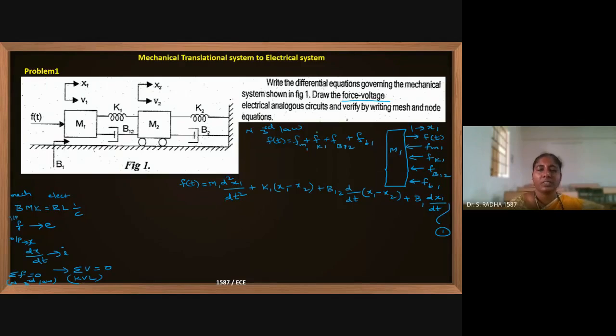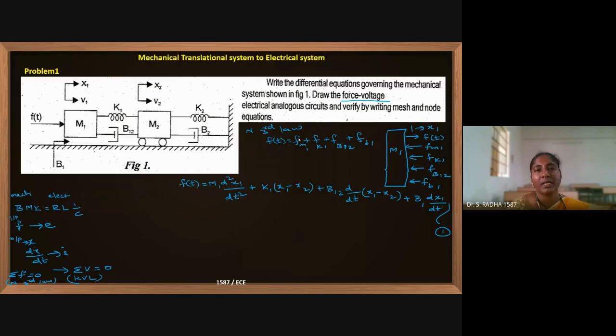For example, in Kirchhoff's voltage law or Kirchhoff's current law, you will be very familiar: the sum of incoming currents is equal to the sum of outgoing currents. That is a modified definition of Kirchhoff's current law. The actual definition is that the algebraic sum of currents at any node is equal to 0. If we take incoming currents as positive, outgoing currents we take negative, and vice versa. That is how we have modified it.